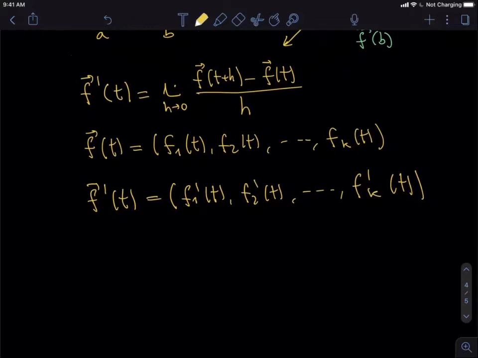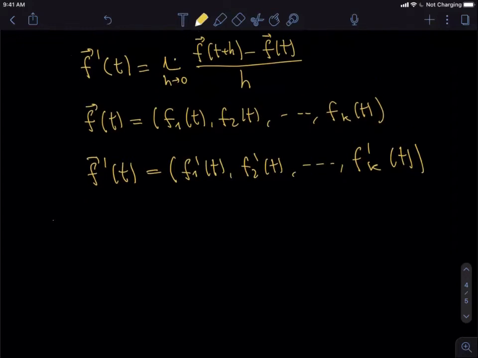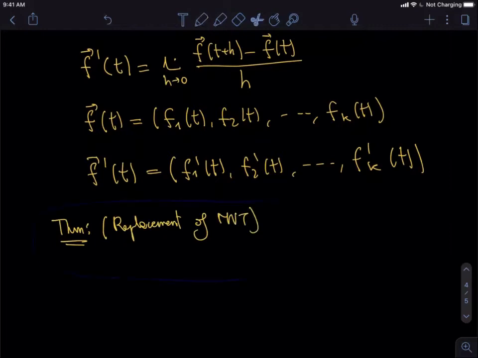Again, here there are results that we have seen that will not be true, but one result that is true here is the following consequence of the mean value theorem. Well, let's call it a replacement of the mean value theorem.